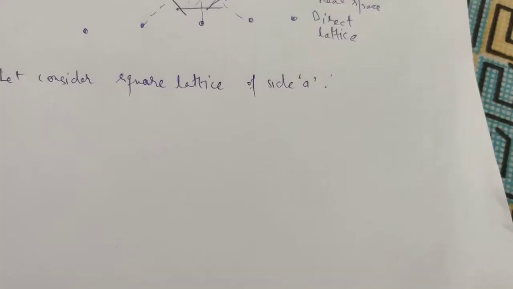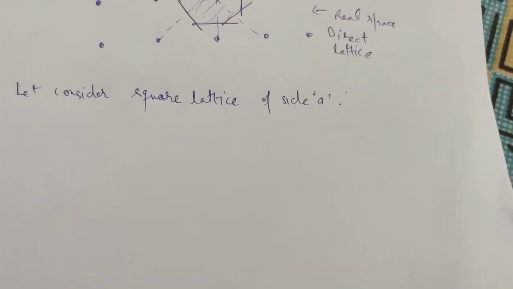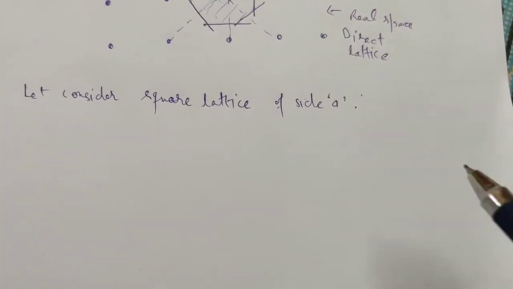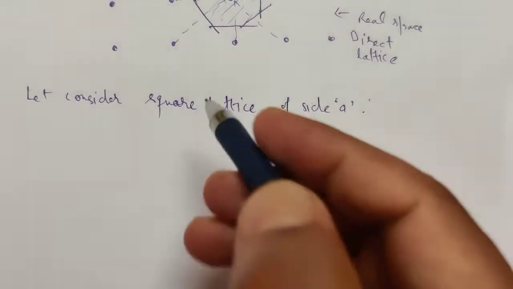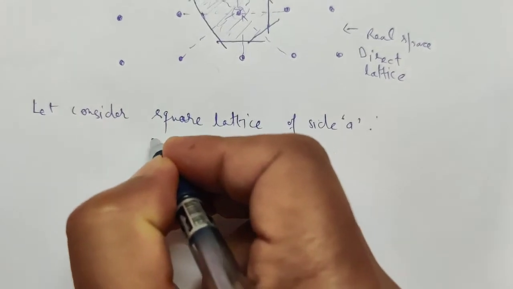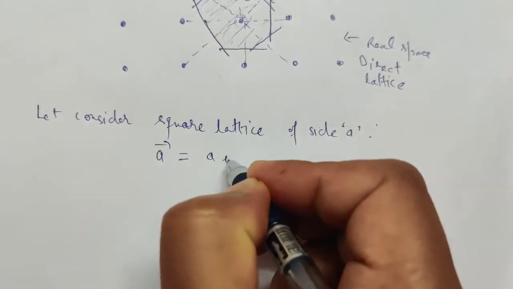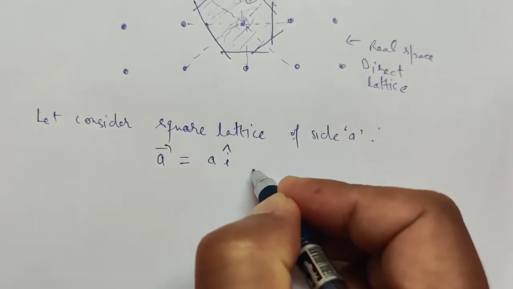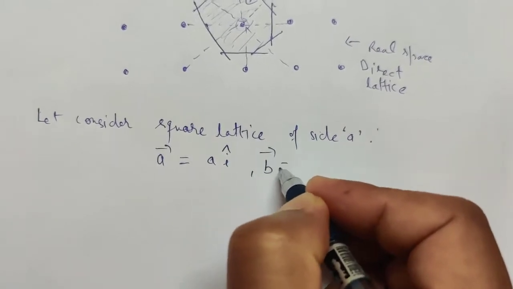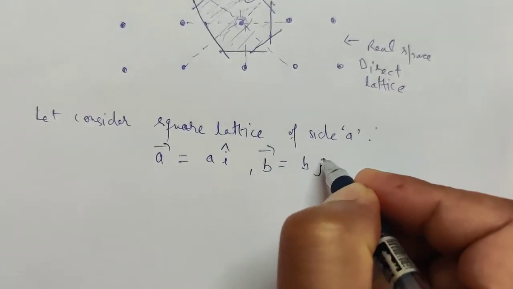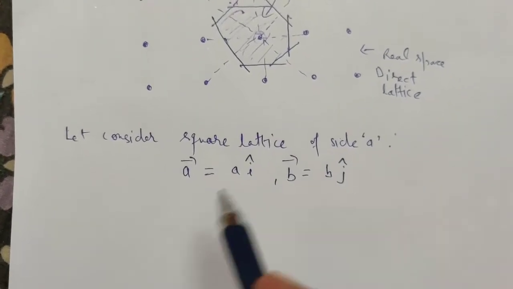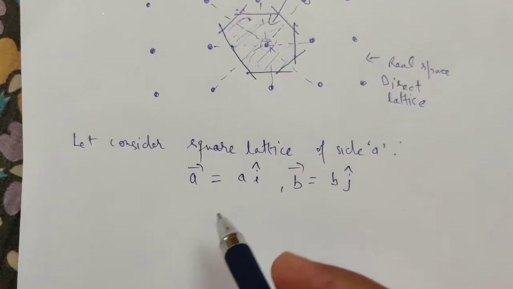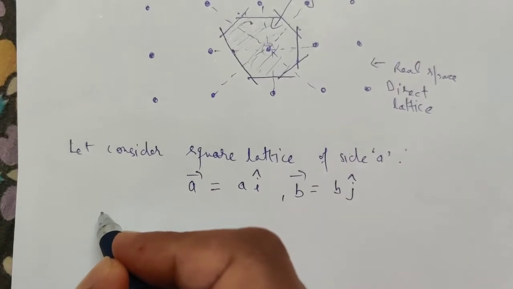Now we will consider a square lattice of side a. We will construct a Brillouin zone for this simple square lattice. The primitive translation vectors for this square lattice will be a i, and b vector will be b j. Corresponding to this square lattice we will have the corresponding reciprocal lattice translation vectors.